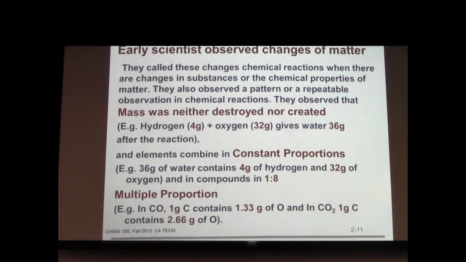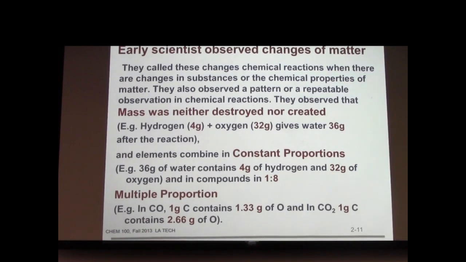The law of multiple proportions deals with two elements, carbon and oxygen, forming two different compounds. Now, you might think two elements together make only one compound. No, it depends on the proportion, right?